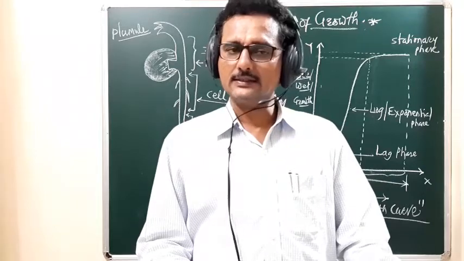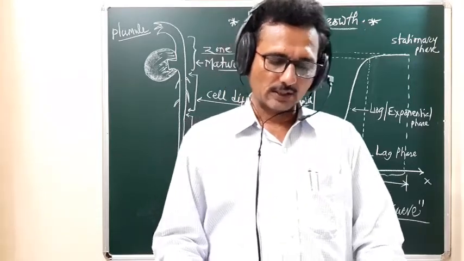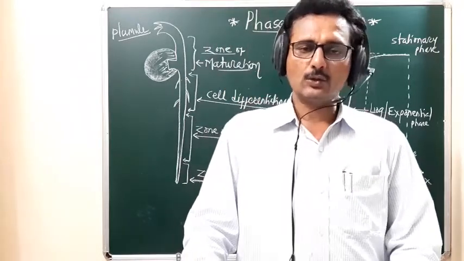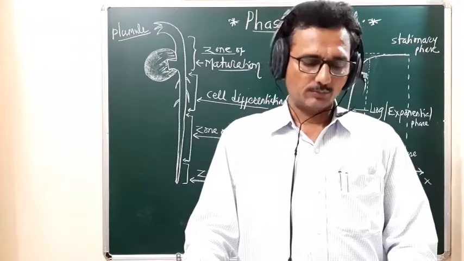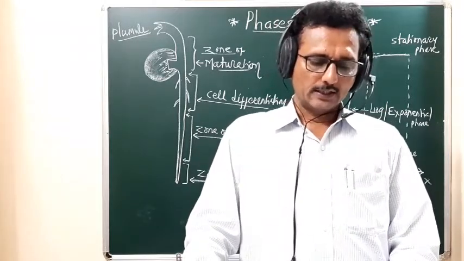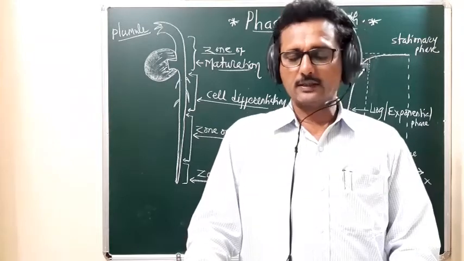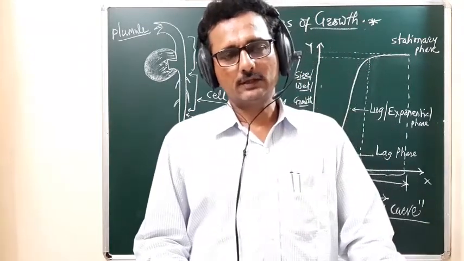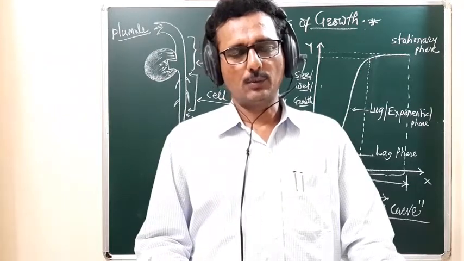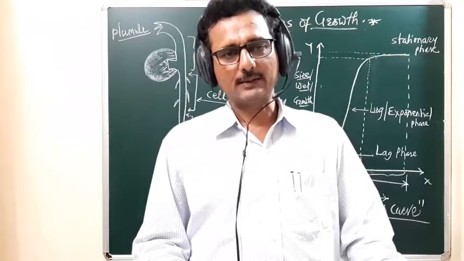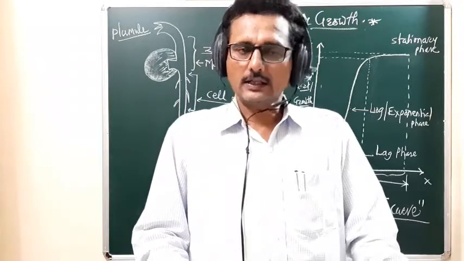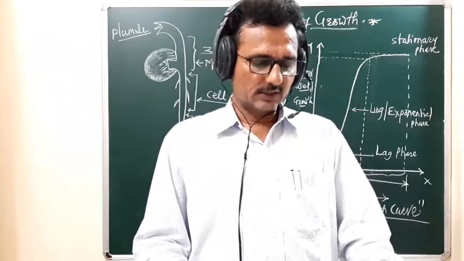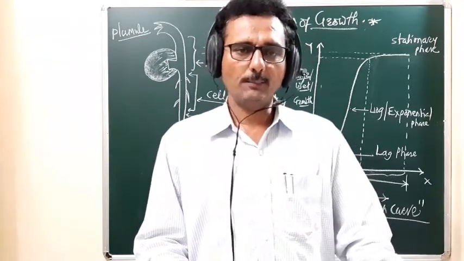What is the correct answer of question number 9? The fourth option, all of the above. All the options A, B and C correctly explain the meristematic phase of growth.